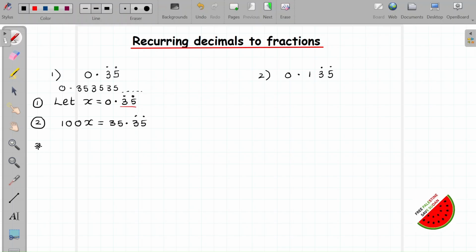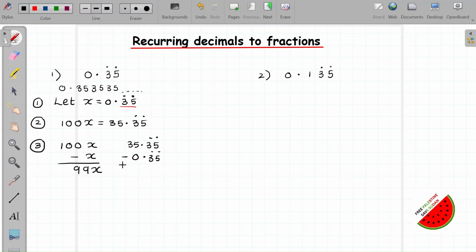The third step is to subtract the two. So 100x, take away x, will give me 99x. And here I'll have 35.35 recurring is equal to, this will be minus 0.35 recurring.